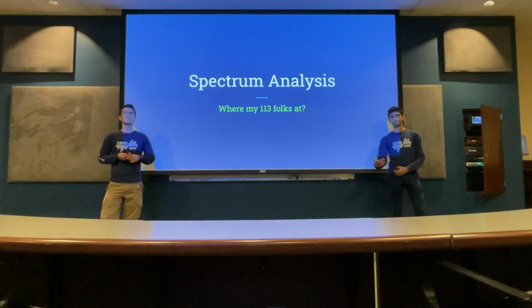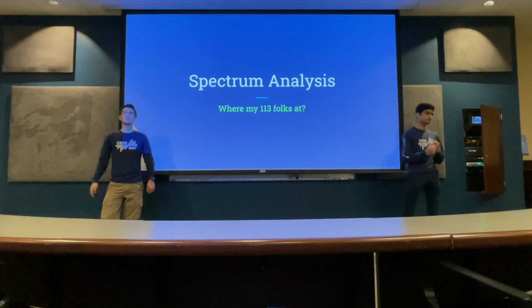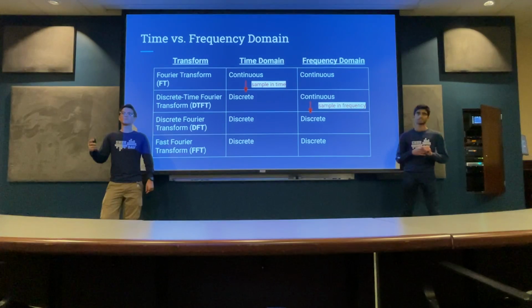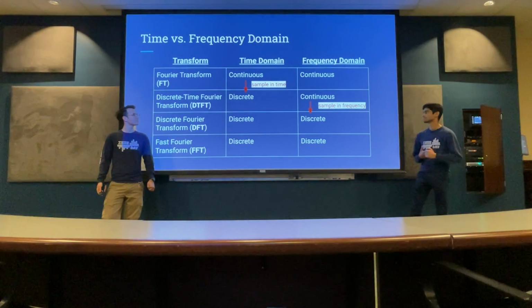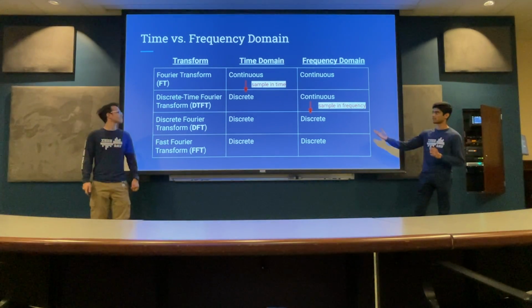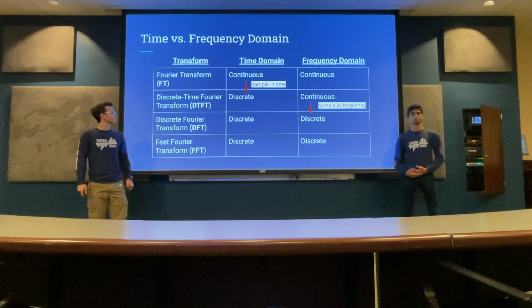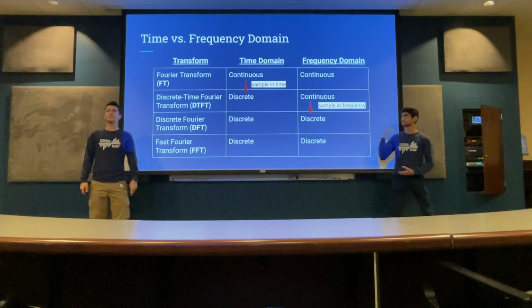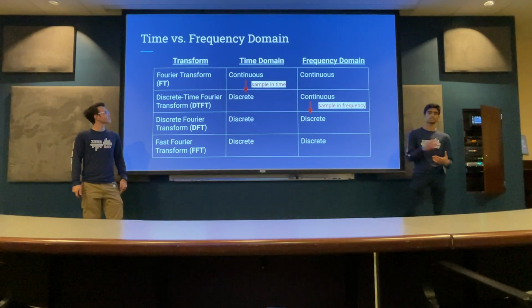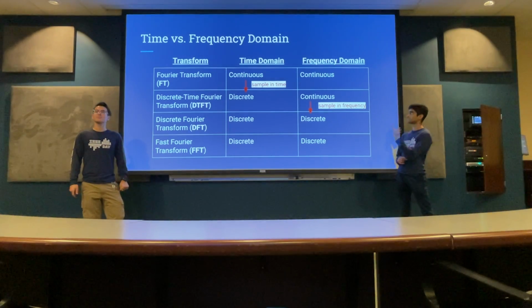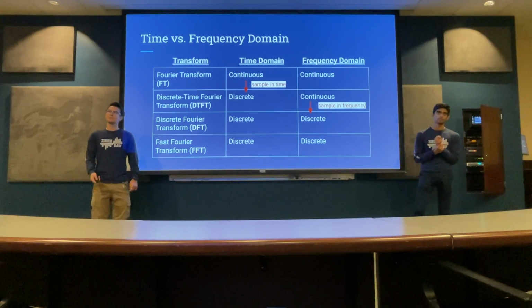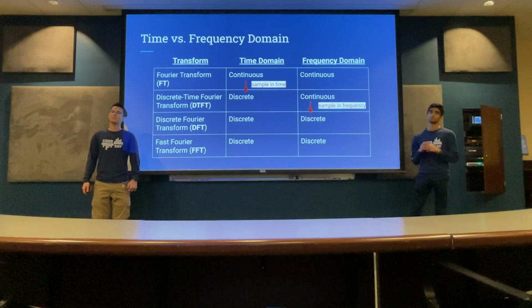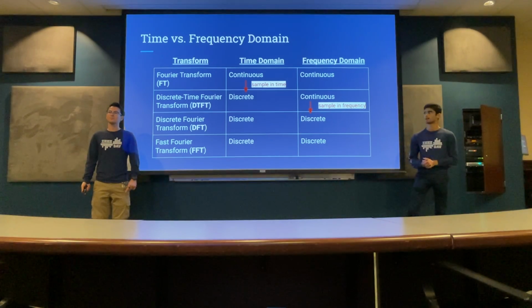Let's talk about the digital signal processing and what we're going to see in our final DAV. First, these are a couple of Fourier transforms that are nice to know. If you take 113, they'll go through this. Basically, the Fourier transform takes a continuous signal in the time domain and transforms it into continuous frequencies in the frequency domain. The discrete time Fourier transform takes discrete samples in the time domain and gives you continuous frequencies in the frequency domain.